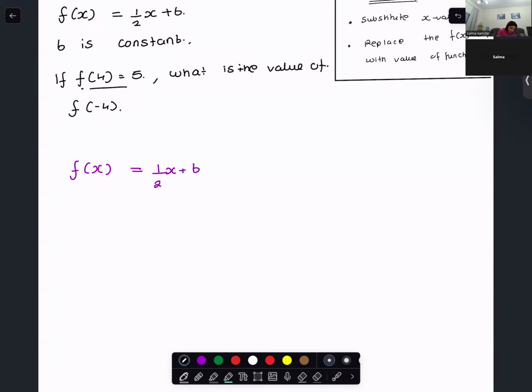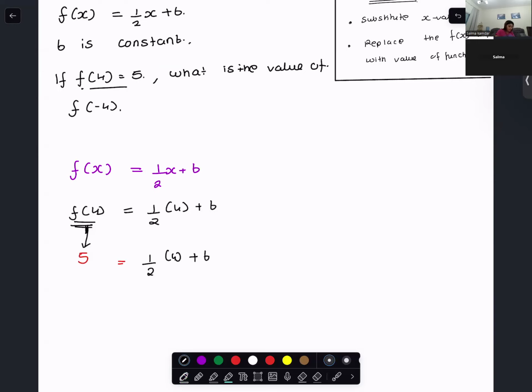When my x is 4, f of 4, the function will become 5. So the function f of 4 is 5. So it becomes half 4 plus b.